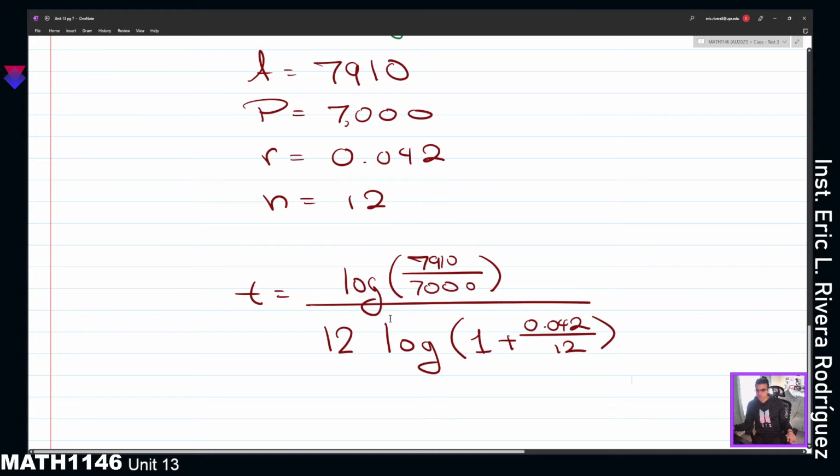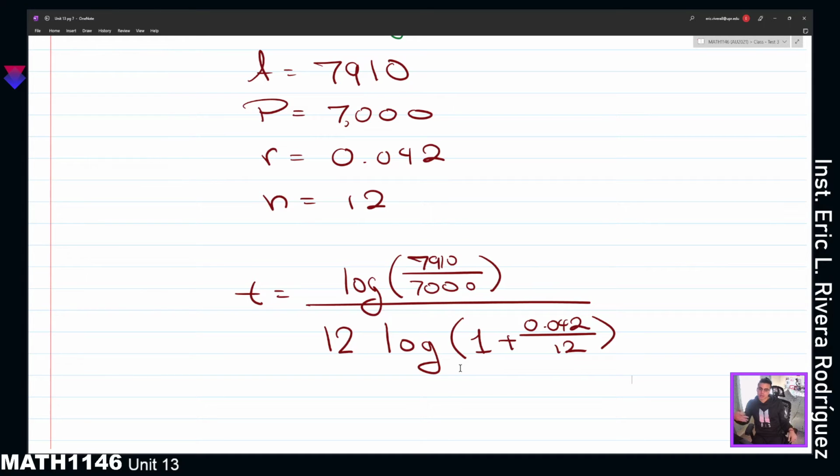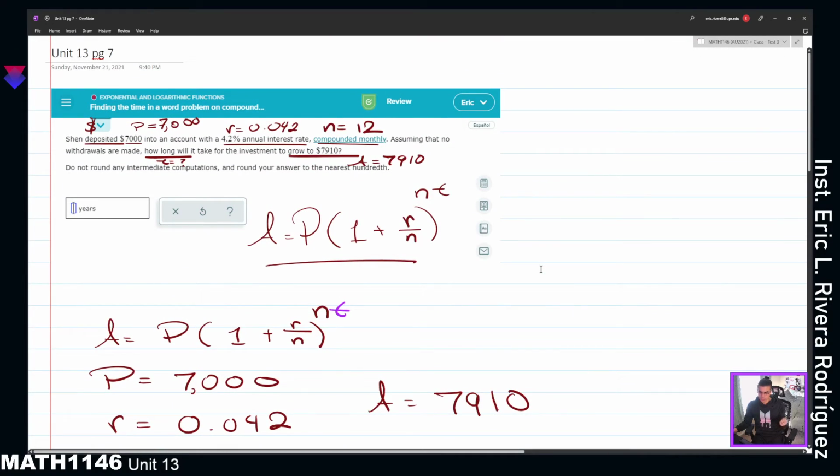You are not going to write down anything until you get the final answer, because if you have a decimal representation, you are going to round your answer. If you have irrational decimal values, there's no way you can write all those decimal places. So in your calculator, you want to enter this expression correctly to get the final answer. The final answer is the one that you are going to round to the nearest hundredth, to two decimal places.